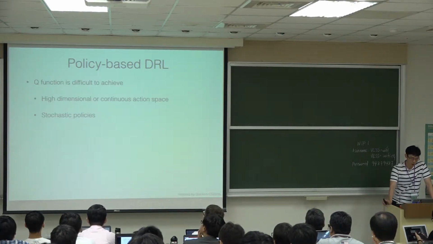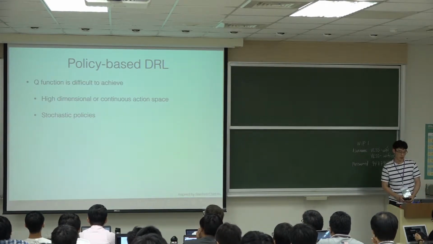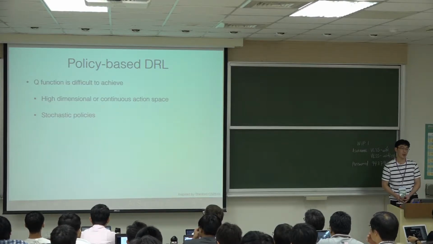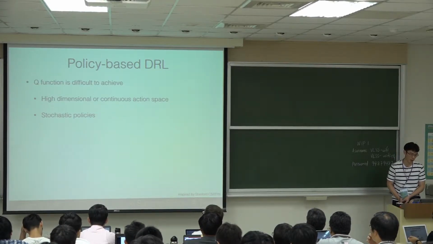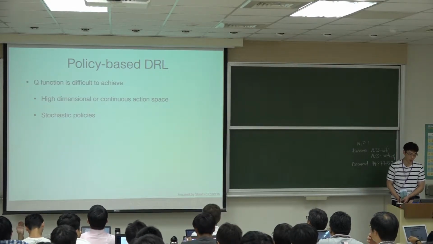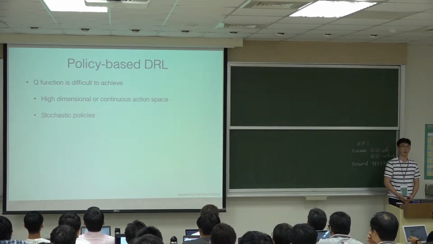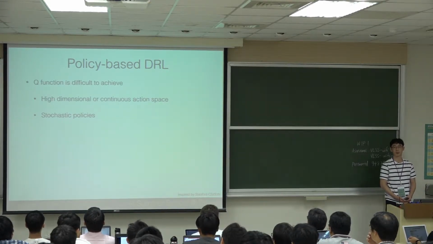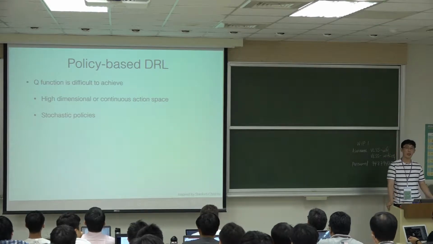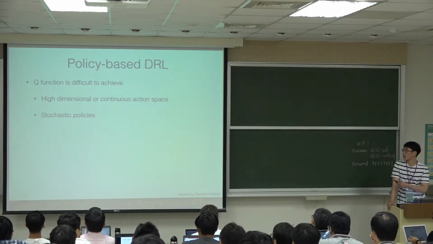So in other words, the policy-based approach is nice because the Q function is sometimes difficult to train with high-dimensional or continuous action spaces, right? And also when you need stochastic policies, for example, just like this one.